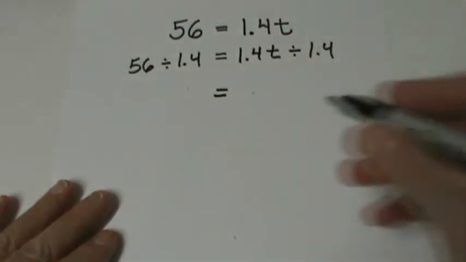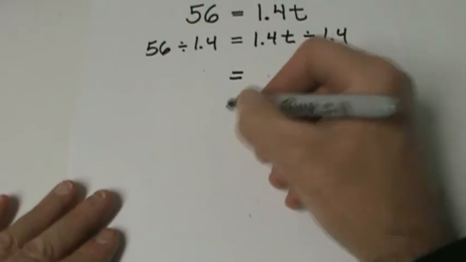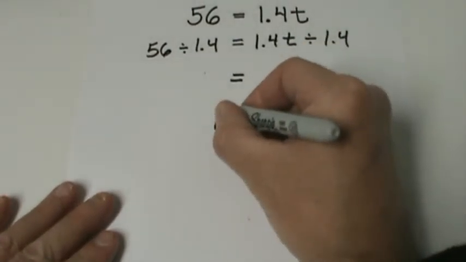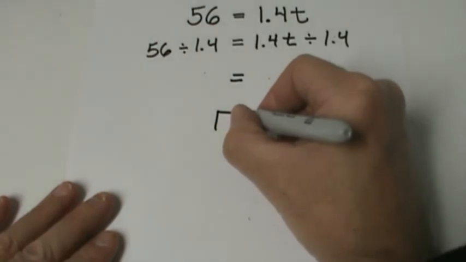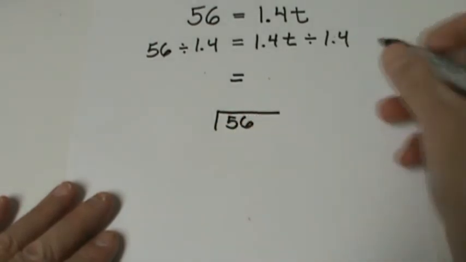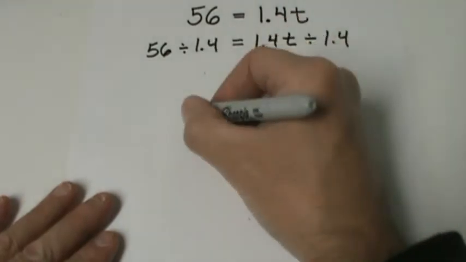We're going to want to set up our problem and do it algorithmically. So we have 56 divided by 1 4/10.